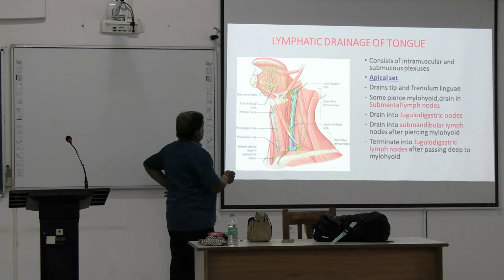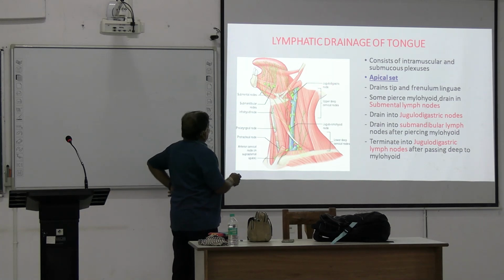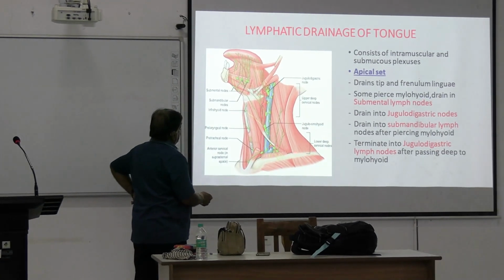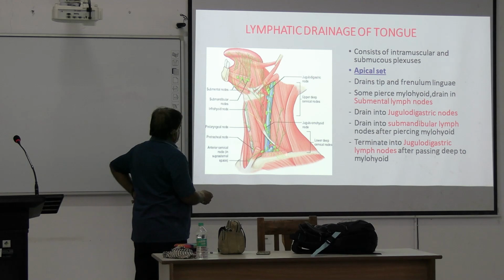This is the jugulo-digastric node, upper deep cervical nodes, jugulo-omohyoid, this is the omohyoid muscle. So, close to it is the jugulo-omohyoid node, and these are the lower deep cervical nodes.